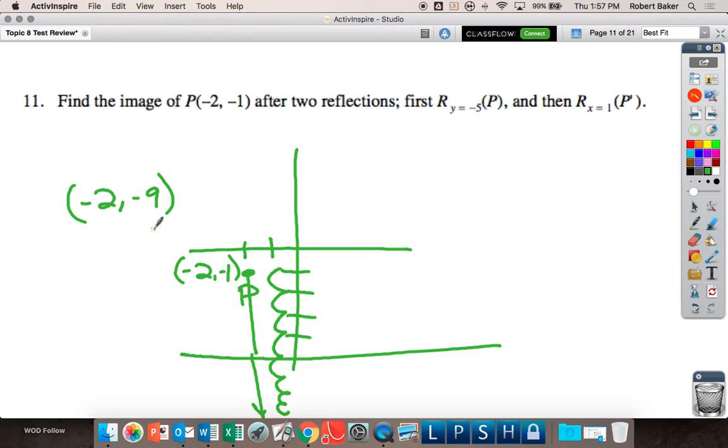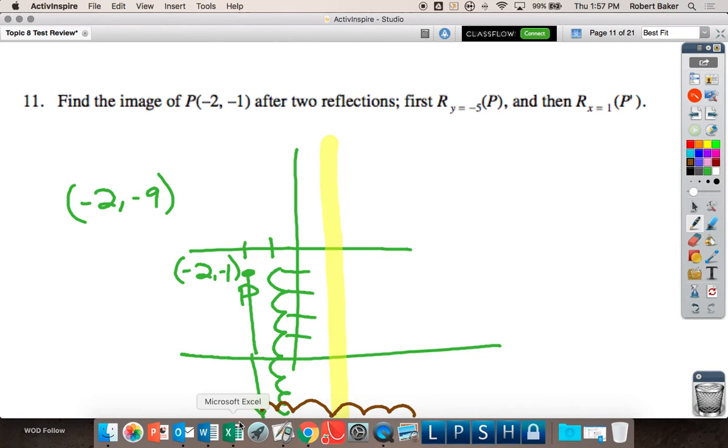Then I have to reflect it across the line x equals 1. X equals 1 is over here, like this. So I take a point that's at -2, -9, and I move it 1, 2, 3 units over, and repeat, 1, 2, 3.